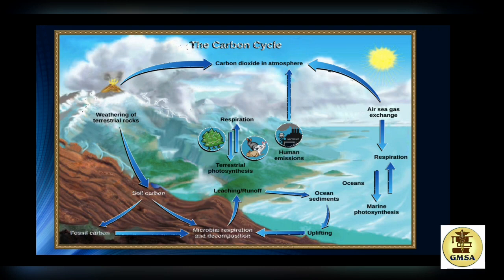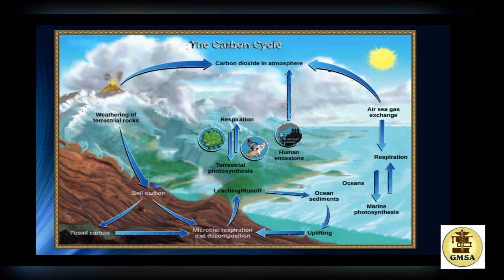In terrestrial environments, they are the plants and trees and other microorganisms such as cyanobacteria, etc. And in the aquatic environments, the aquatic plants and aquatic microorganisms utilize this carbon dioxide. As a result, they carry out photosynthesis, and this carbon is incorporated into complex molecules.